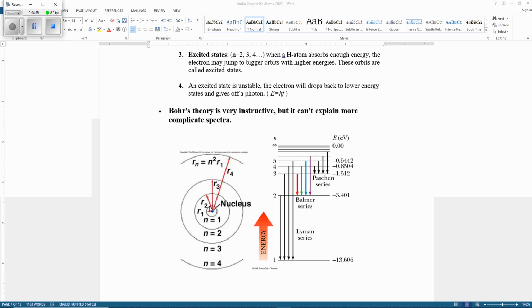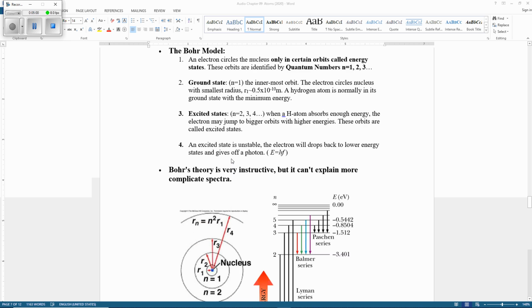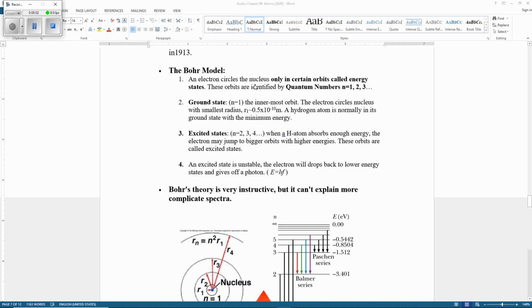Then the electron has more and more energy. The electron circles the nucleus only in certain orbits, called energy states or energy shells. The ground state is the first one, n equals 1. The electron circles the nucleus with the minimum radius. And Bohr can calculate how far the electron is from the nucleus.